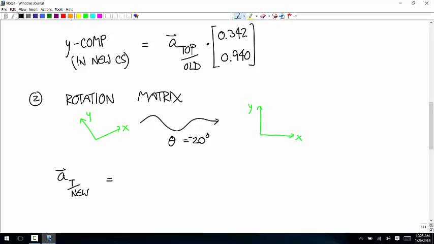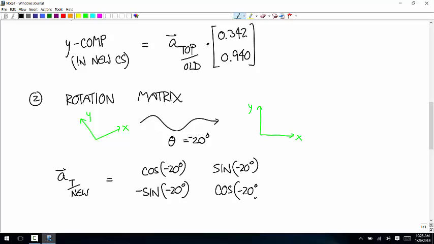So our vector expressed in the new coordinate system is the matrix with cosine of negative 20, sine of negative 20, negative sine of negative 20, cosine of negative 20, times that vector in the old coordinate system.